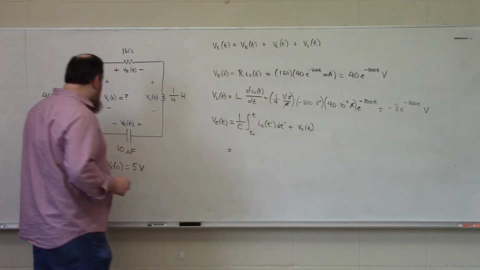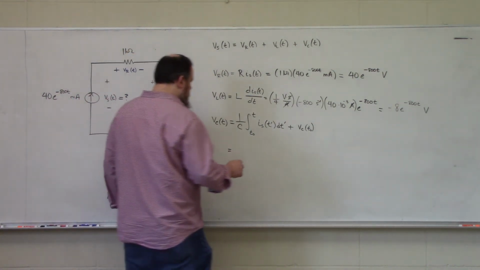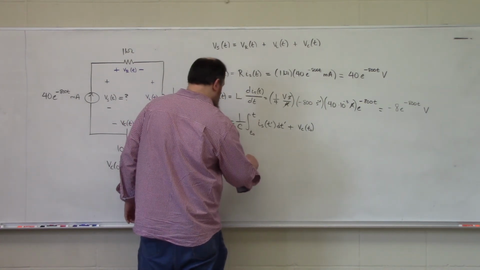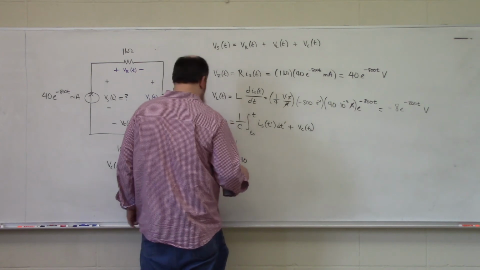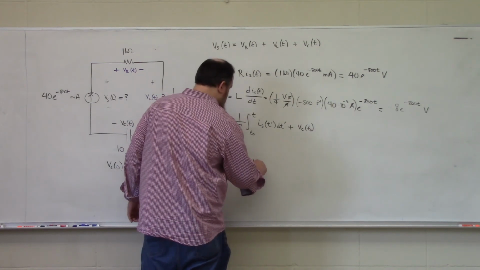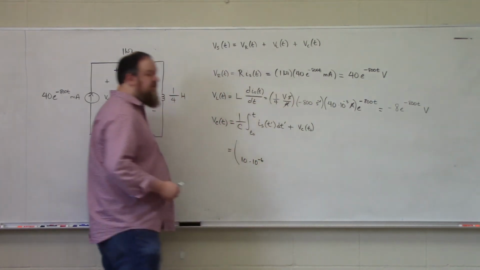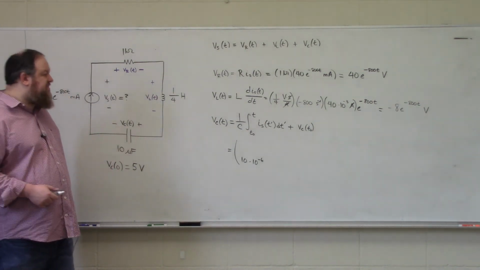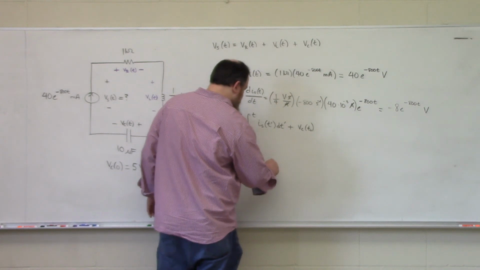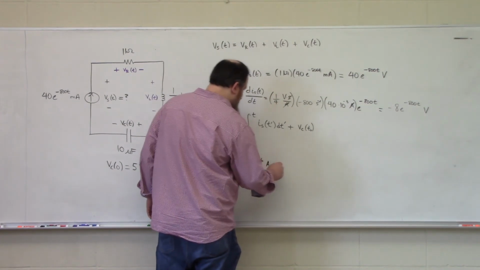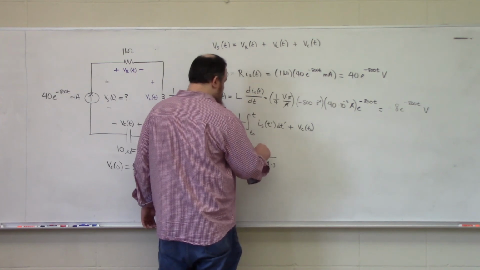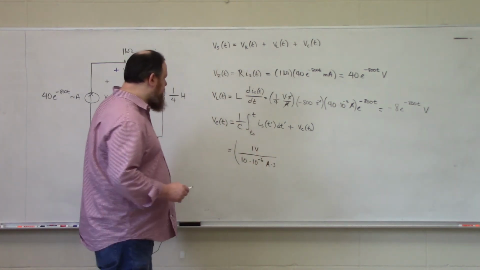So we're going to have 1 over 10 microfarads, so 10 times 10 to the minus 6 is a microfarad, where a farad is an amp second per volt. So I'm going to have amp seconds in the denominator, 1 volt in the numerator.